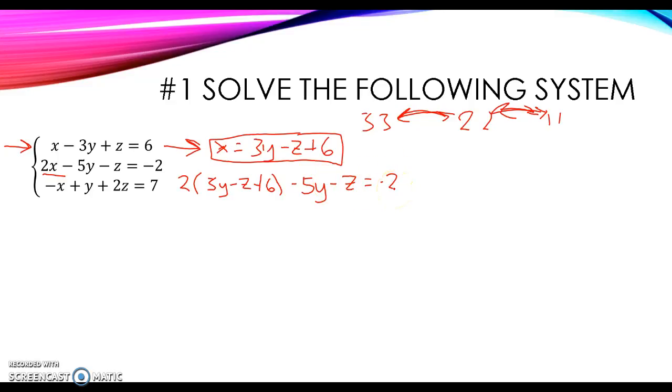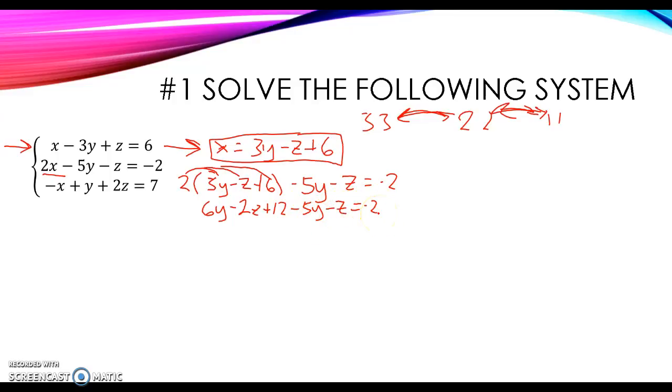And I'm just going to simplify this equation. If I distribute the 2 times all three of these terms, then I'm going to have 6y minus 2z plus 12 minus the 5y minus the z equals negative 2.